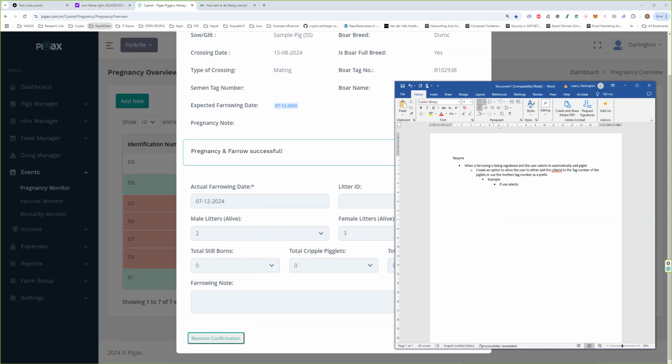It will look something like this: litter number, then dash, unique ID for piglet.